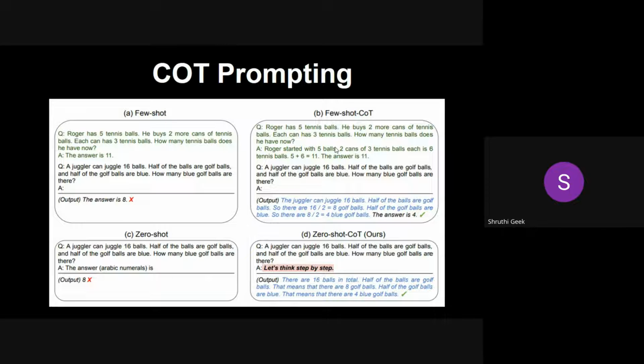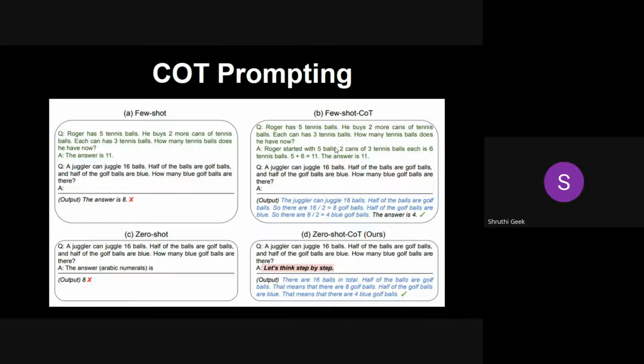Just giving a brief explanation about zero shot prompting: zero shot prompting is where you do not provide any example in your prompt that the particular LLM can infer from before answering your question. Whereas few shot prompting is where you give a few examples in your LLM prompt so that the model can understand in what format you are expecting an answer, and based on that, it can formulate and generate its own answer.